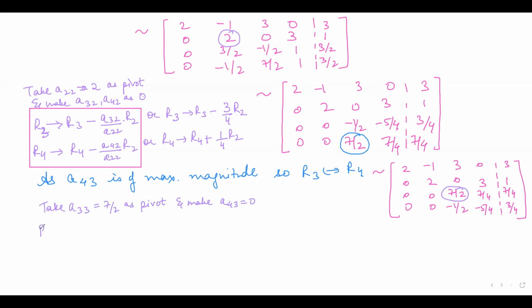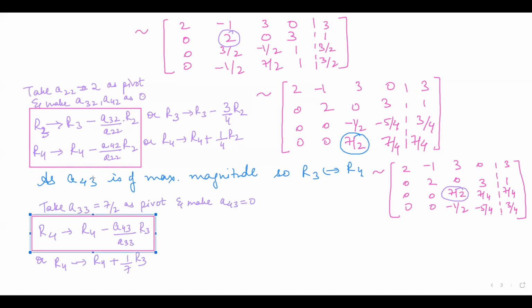So what would be the elementary row operation in this case? A43 upon A33, row 3. A43 is minus half, so it becomes plus half upon 7 by 2, right? So I am getting this as 1 upon 7. So I'll just write 1 upon 7 times R3. So you could refer to this.